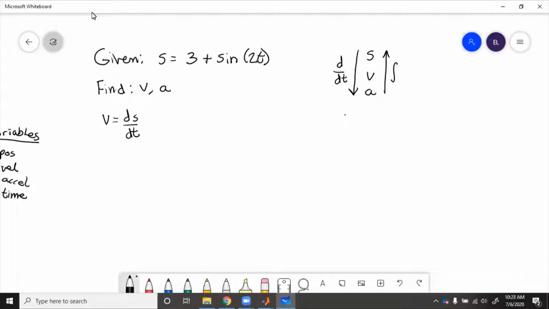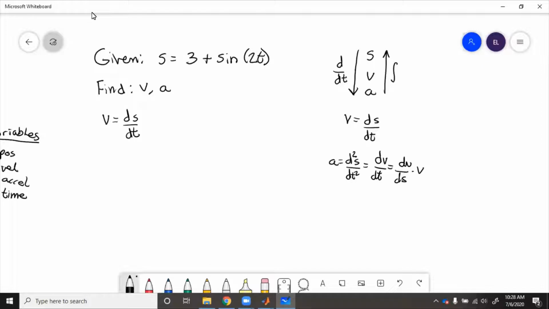We'll have v equals ds dt, a equals d squared s dt squared equals dv dt equals dv ds times v. So to get velocity, we know we have position, we have time in the equation. So this position, time, we know we can get velocity.